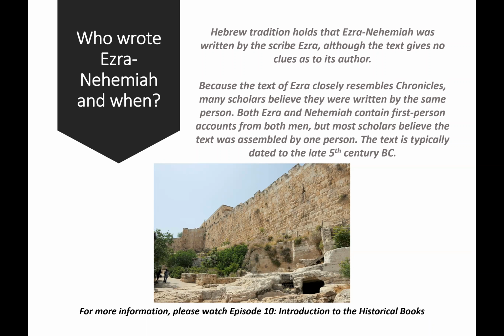Both Ezra and Nehemiah contain first-person accounts from both Ezra and Nehemiah, but most scholars believe this text was assembled by one person, also being the same person that compiled the Chronicles. The text is typically dated to the late 5th century BC. Again, for more information, go back to episode 10.